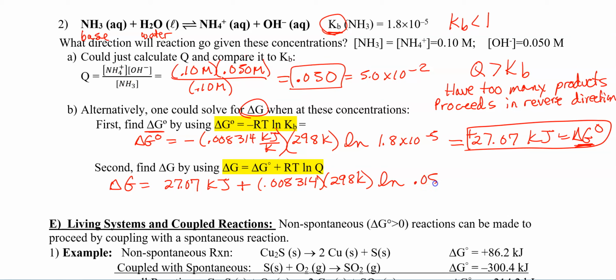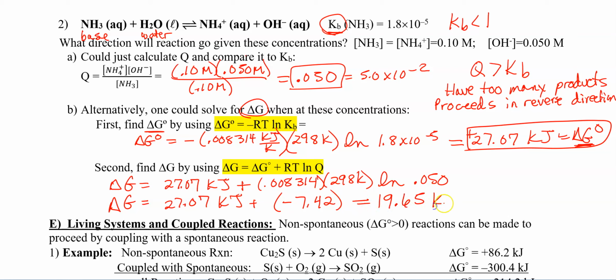So 0.050. Okay, so now our delta G should be our 27.07. If you calculate all of this, I have plus a negative 7.42. So I got a total value of 19.65 kilojoules. Okay, so notice the delta G is positive, right?